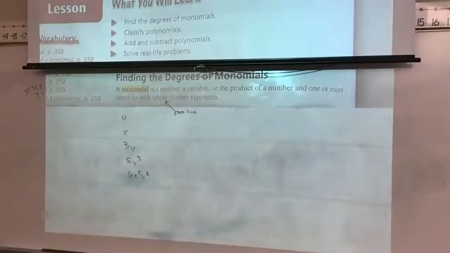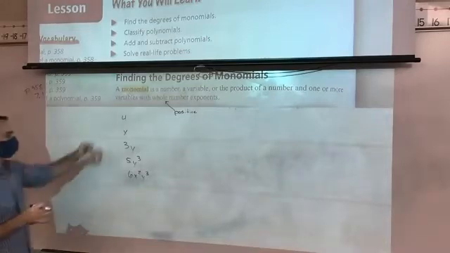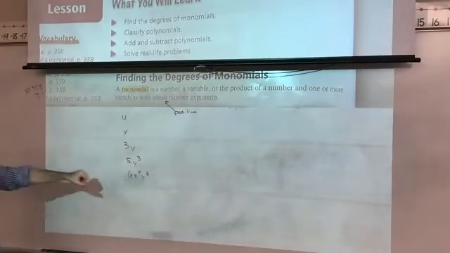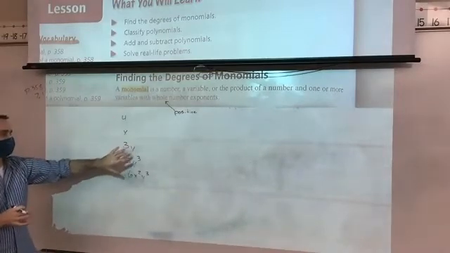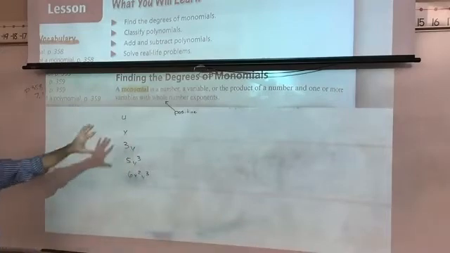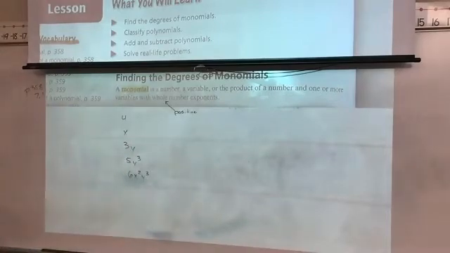We're not going to have a square root over the variable. We're not going to have the variable in the denominator. The variable isn't going to be the exponent. It's going to be pretty straightforward: just a number, number variable, exponent combinations. So these are considered monomials.